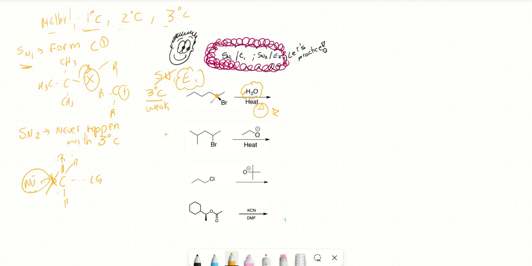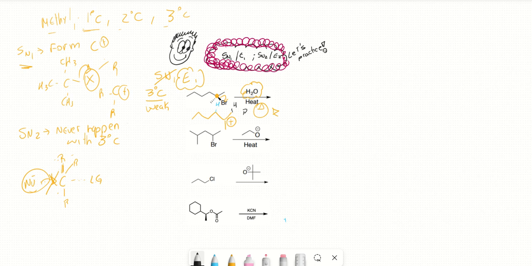The leaving group leaves, and we have a tertiary carbocation. Then we have hydrogens over here and another hydrogen over here.